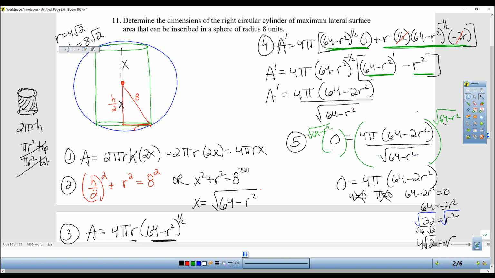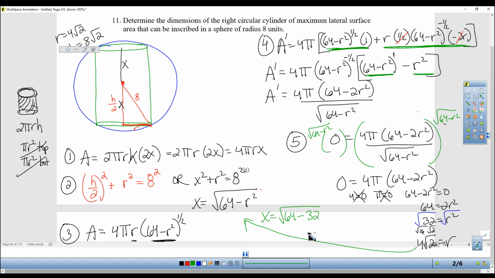Now, be careful. The question asked for the height. But in our equation, we got rid of the h, and we have an x instead. So I'm going to take my r and plug it in here to find x. 64 minus r squared. So r squared was 32.